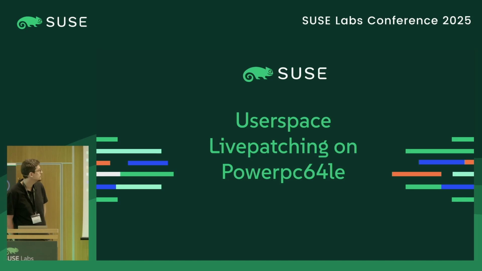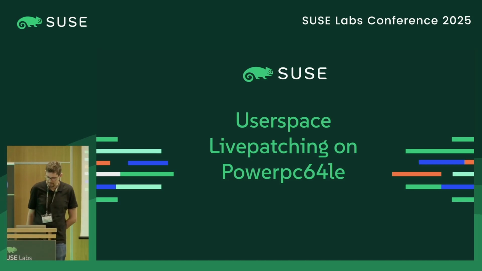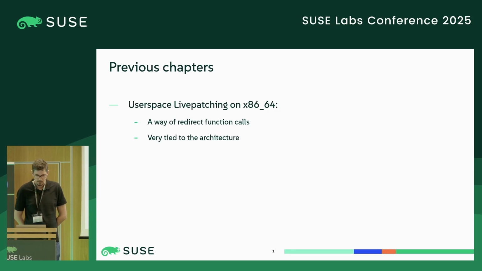So I will present Userspace Livepatching on PowerPC64, our quest to have it running on the IBM machine. But first, I will remind you what Userspace Livepatching on x86-64, the Intel architecture, is. It's basically a way of redirecting function calls.